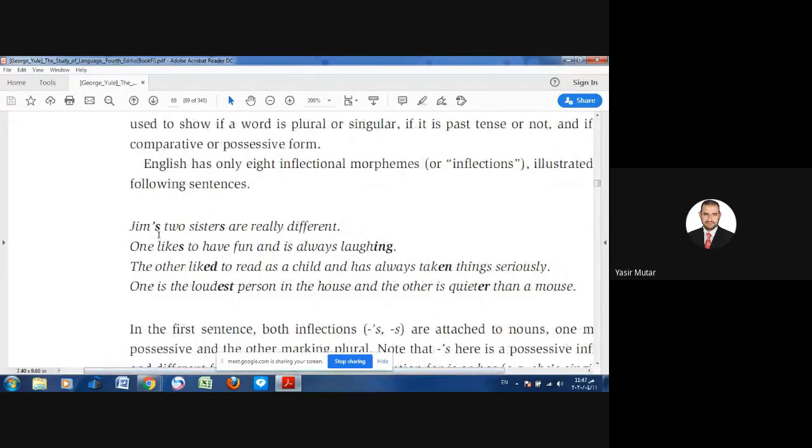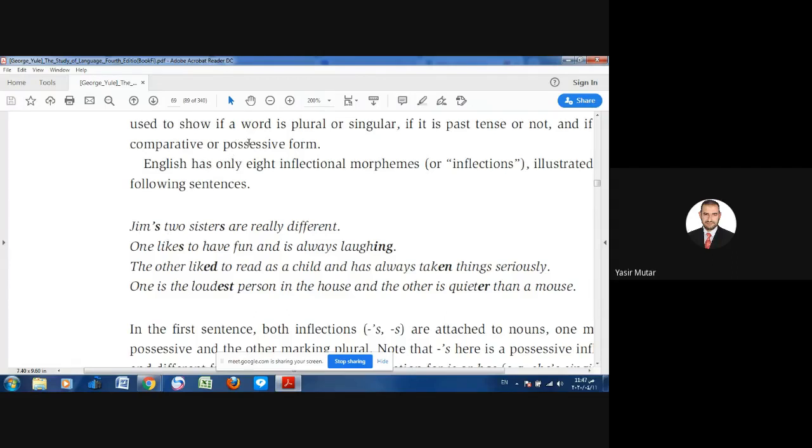So we have morphemes added to the nouns. For example, we have this 's with apostrophe. This is used to identify possession, or possessiveness.